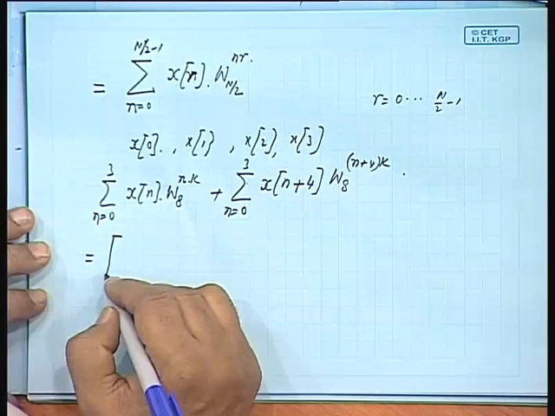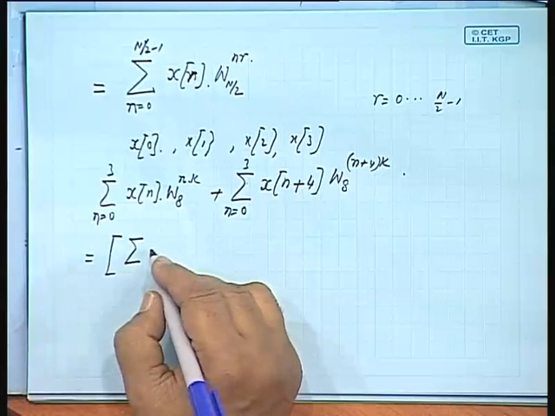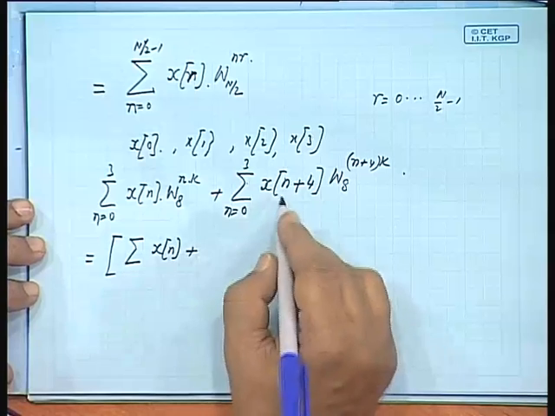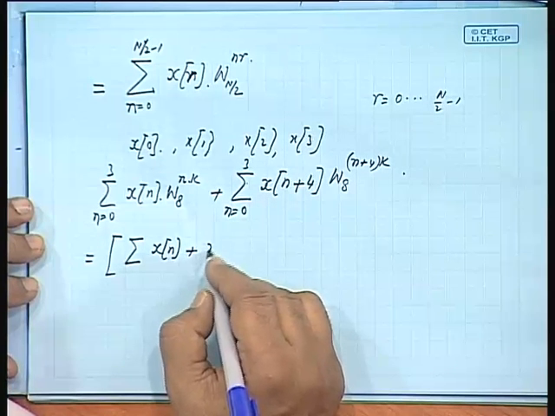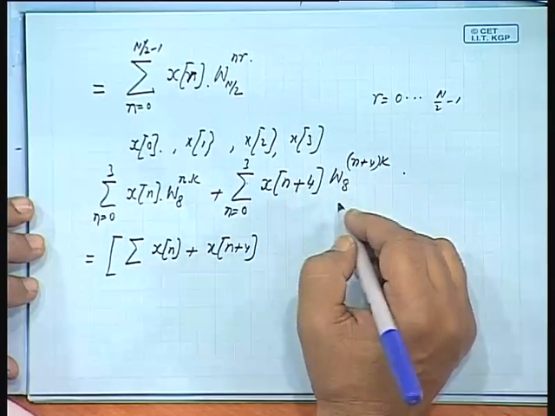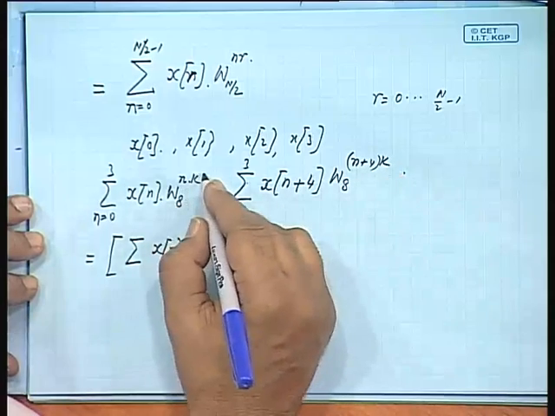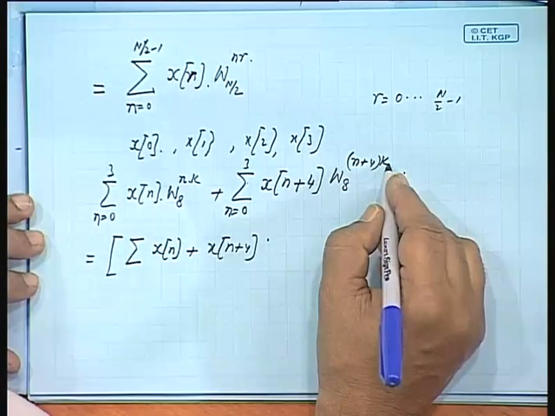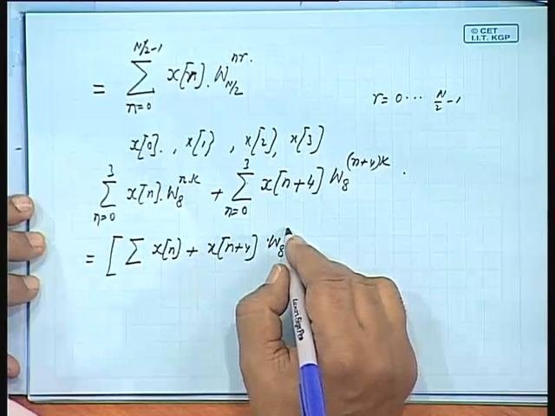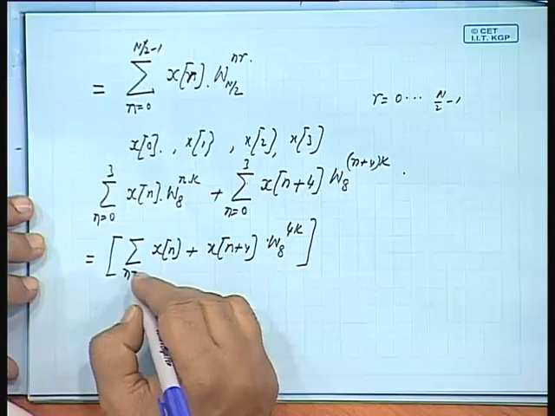So, it is the summation of x n plus x n plus 4, where x n plus 4 gets multiplied by W 8 4 k, and W 8 n k is a common term, n varying from 0 to 3.